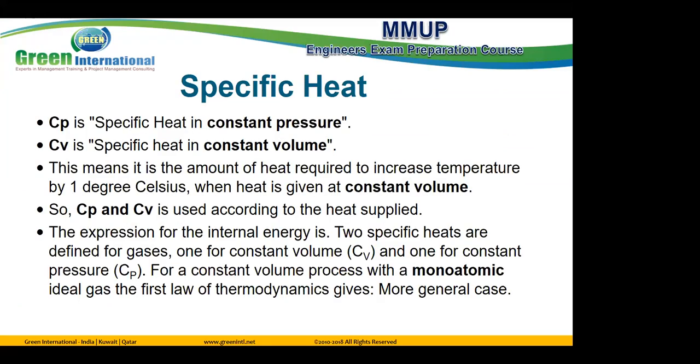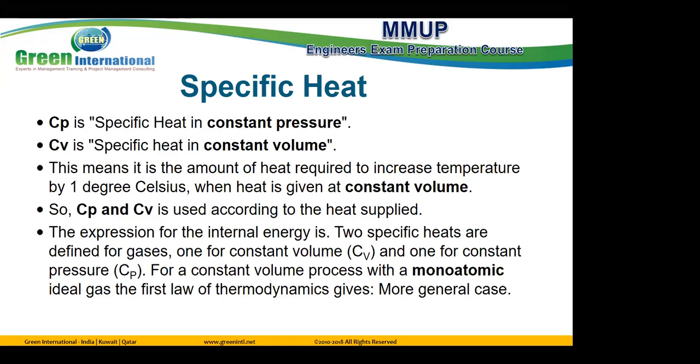Again, for gases, we have 2 specific heats, Cp and Cv, one at constant pressure, one at constant volume. But in liquid and solid, we only have 1 C, 1 specific heat. Why? Mainly because for liquid and solid, the relation between pressure and volume is almost not affected.